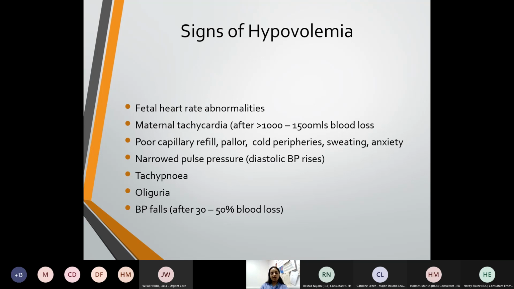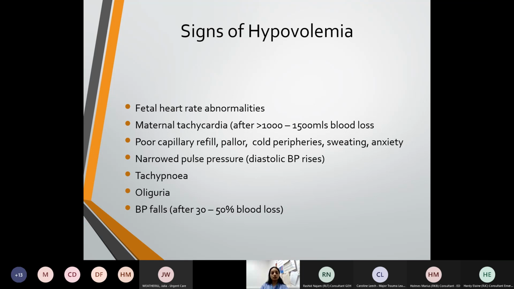So if I was to come in and if I was relying on tachycardia as a sign of blood loss, then I might have missed almost a liter to a liter and a half before there is maternal tachycardia.